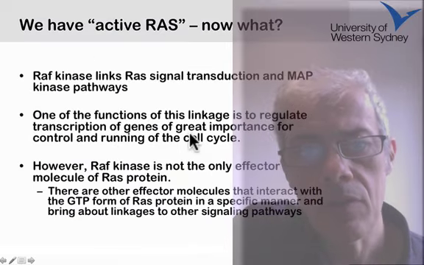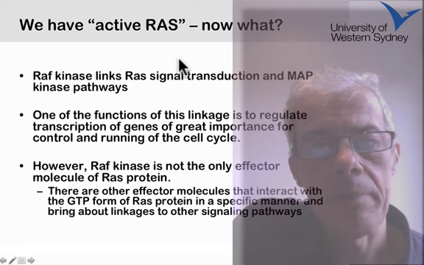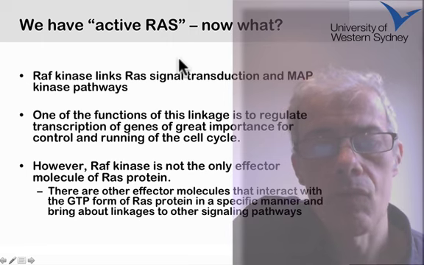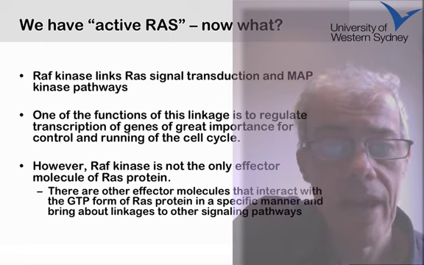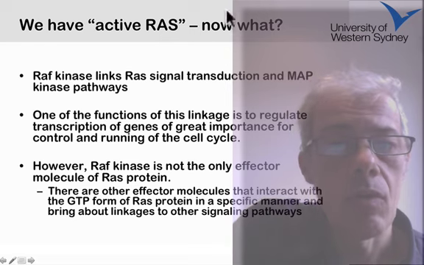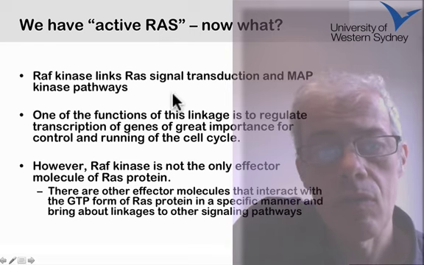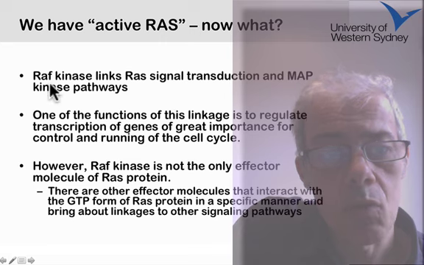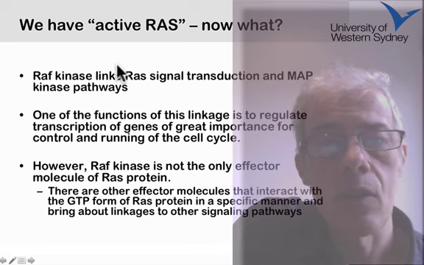So assuming that we have the membrane-attached RAS in an active form bound to GDP, what now? RAF is one of the main effector proteins of RAS.